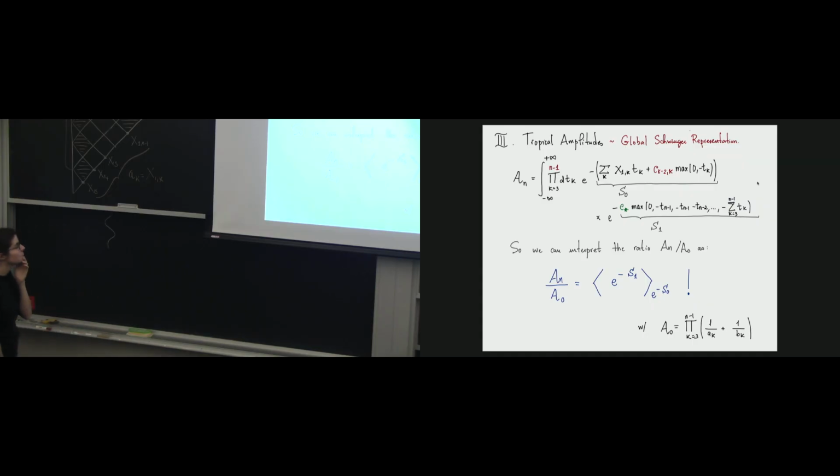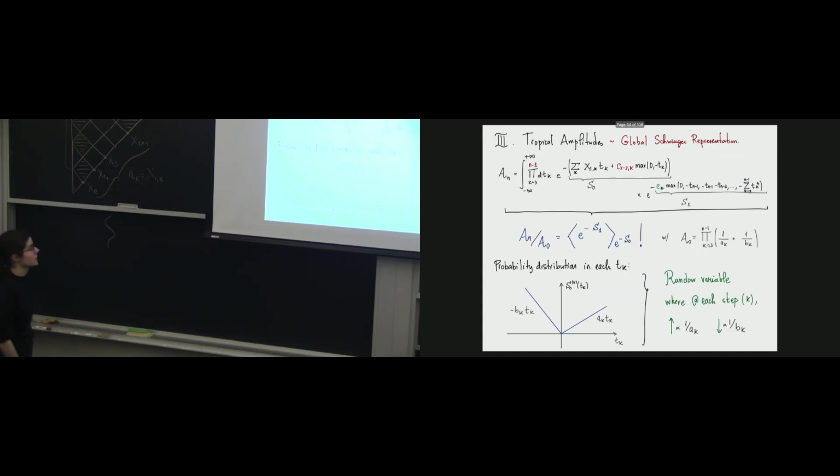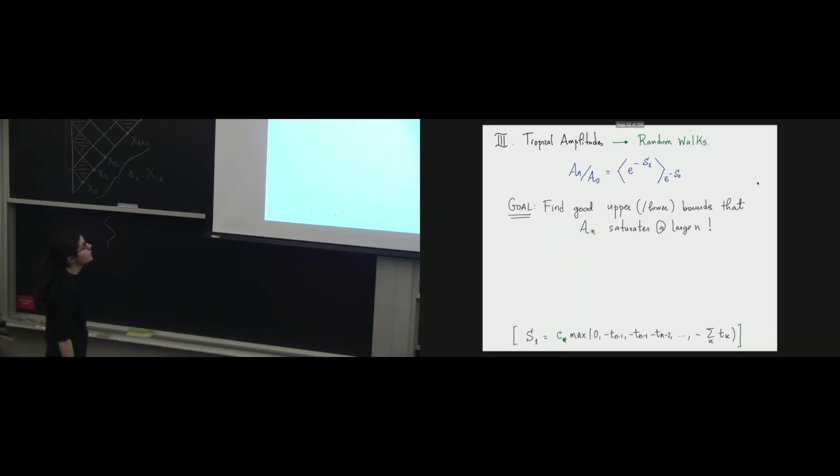From this perspective, each tk itself is just a random variable where the average step size in the positive direction is given by 1 over ak, and the average step size in the negative direction is 1 over bk. So now the goal to estimate what happens at large n is to find a good way to upper or lower bound these an such that the amplitude saturates this bound at large n.